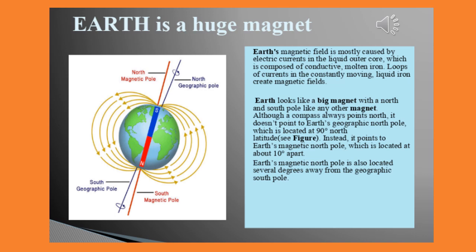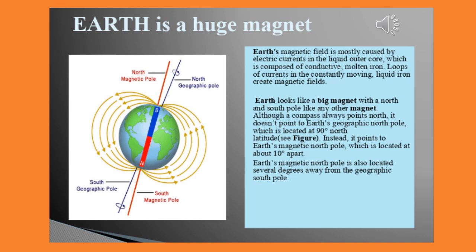Earth is a huge magnet. As we know that every magnet has directive property, that means whenever we are freely suspending one magnet or we are pivoting them on a particular support, when it is free to move, it always aligns itself in geographic north-south direction.